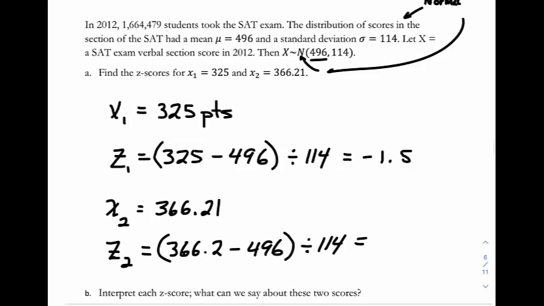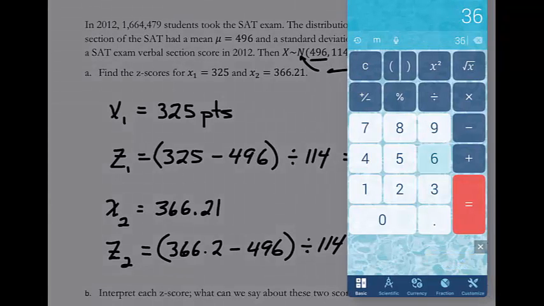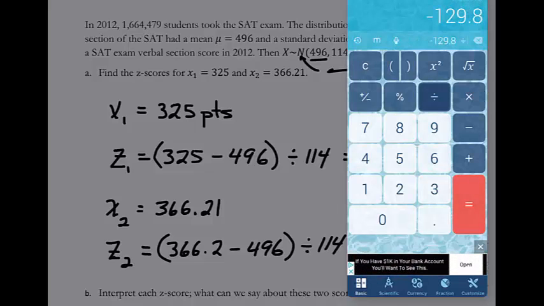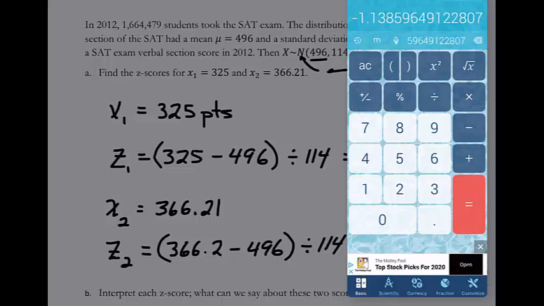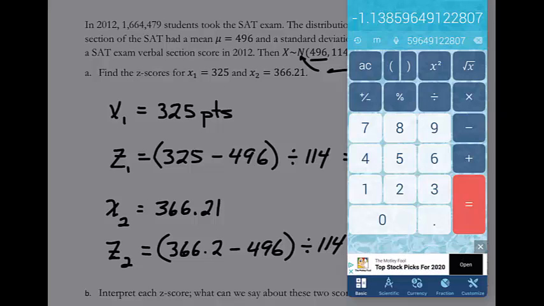So let's grab a calculator again. Take the 366.21 minus the 496, and then divide it by 114. So there we get a lot of places to write the decimal. Preferably, we're going to go 4 places, so negative 1, and then 4 places after that, 1386.